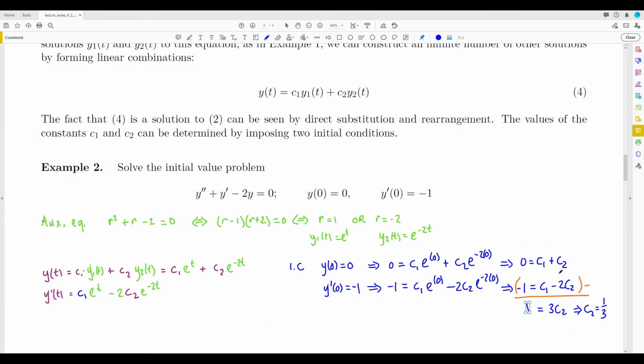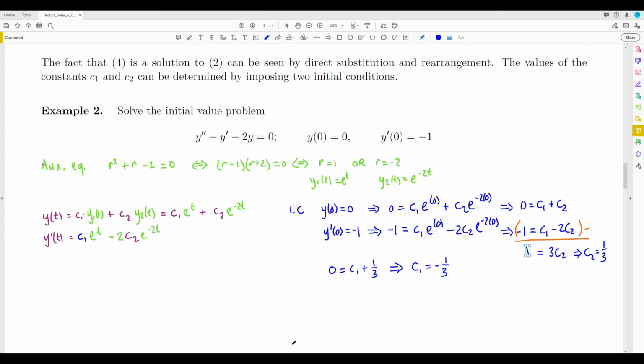Then we go back to our equation here and we plug in what we know for c2. And from that, it follows that c1 equals negative 1 over 3.